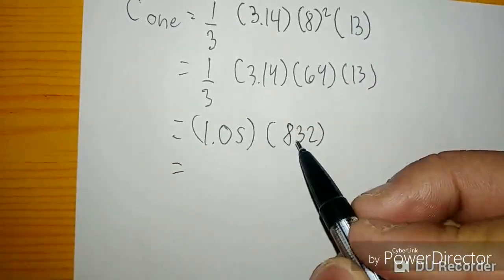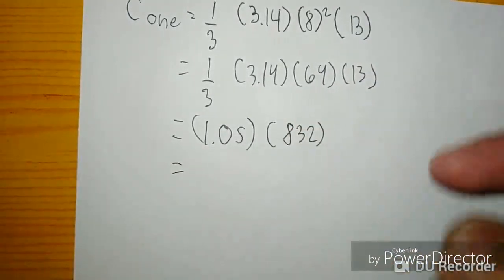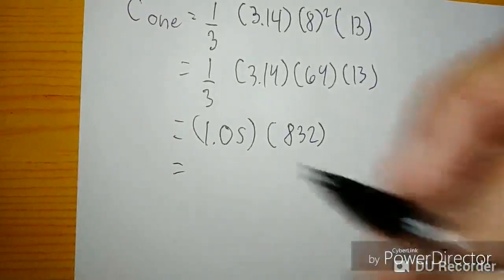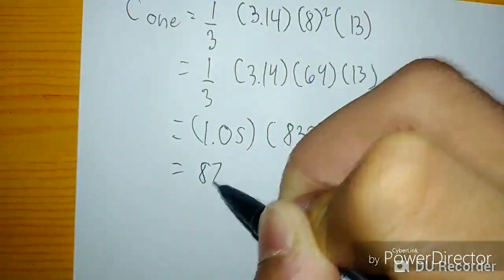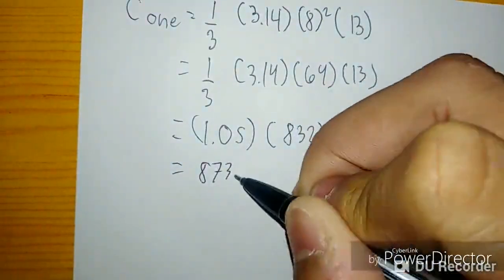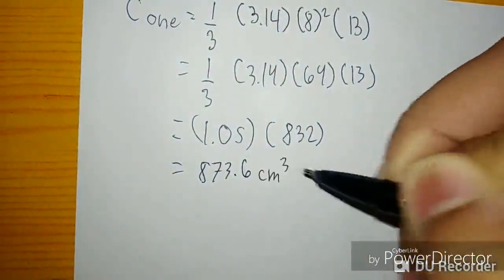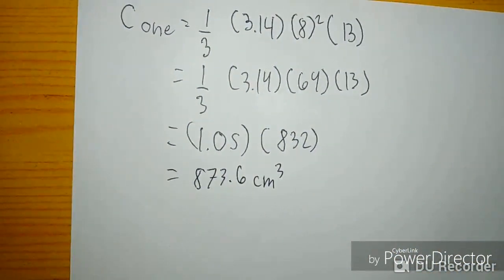Multiply these products and we will get the answer 873.6 cubic centimeters, and that's the volume of the cone.